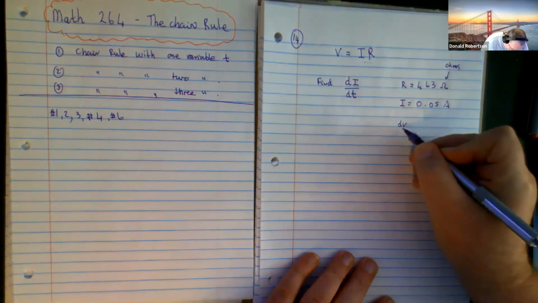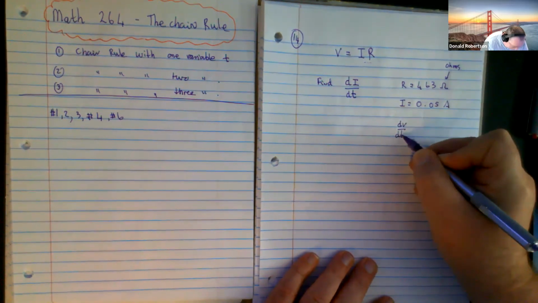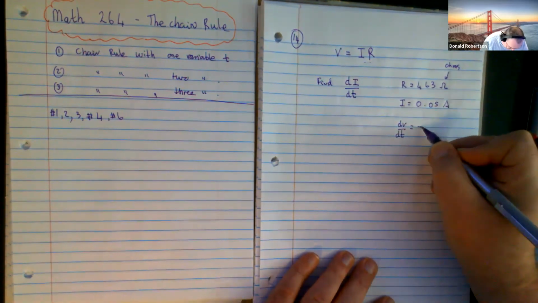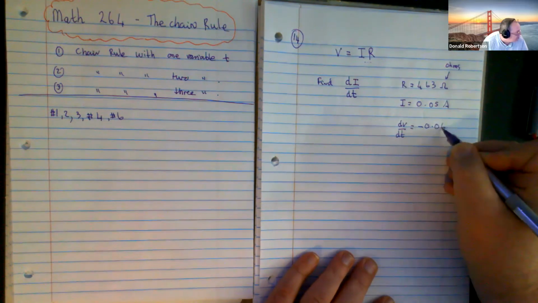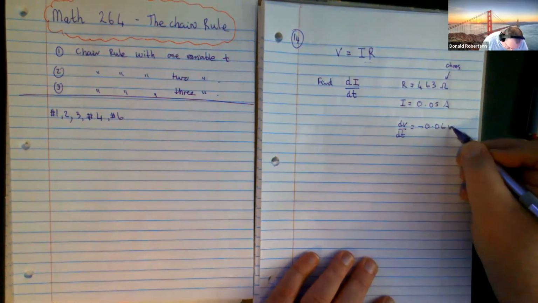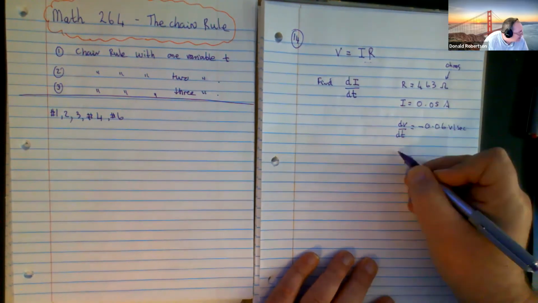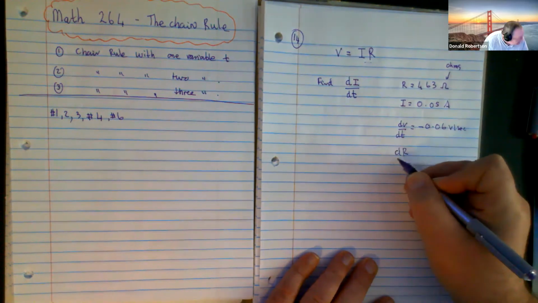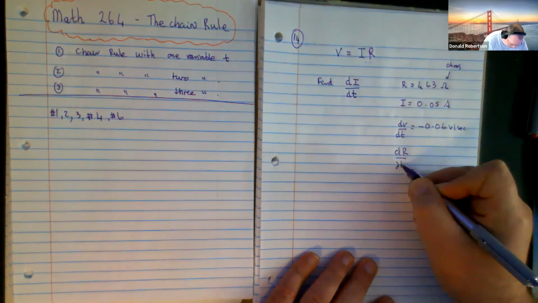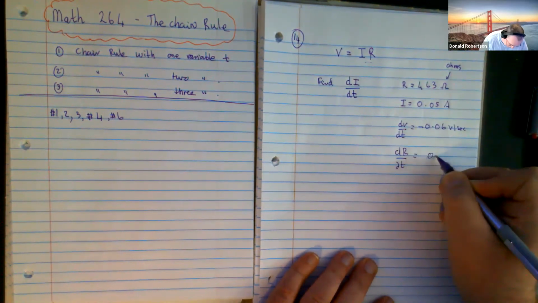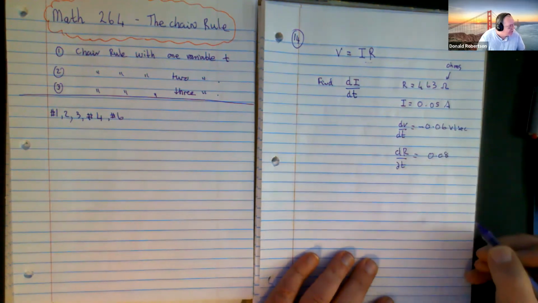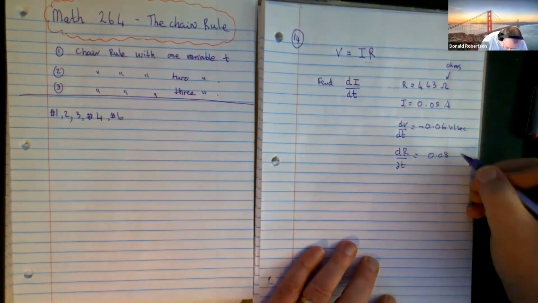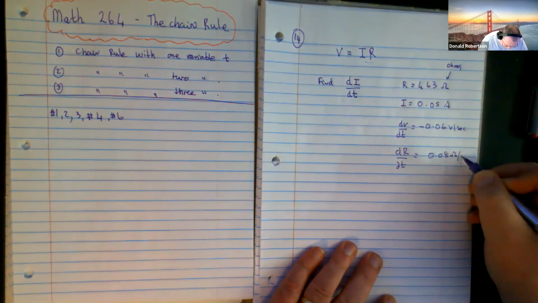The voltage is changing at the rate of negative 0.06 volts per second. And the resistance is increasing at the rate of 0.08 ohms per second.